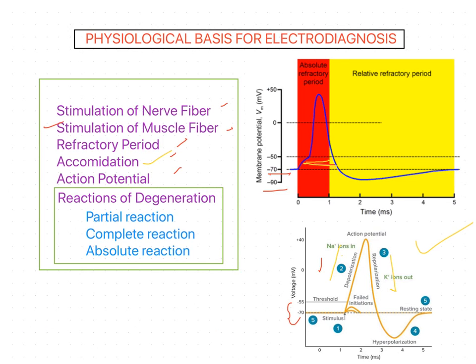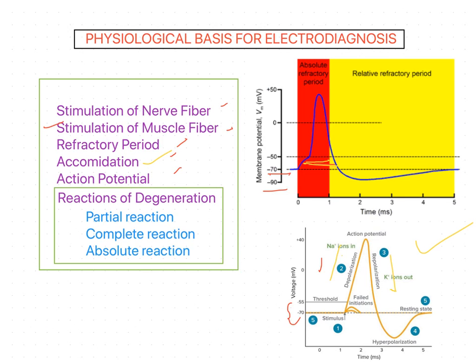Since then, much progress has been made in the use of this observation for diagnosis. It is the same as denervation. The presence of reaction of degeneration means the muscle is denervated. The absence of reaction of degeneration means that the muscle is normally innervated.